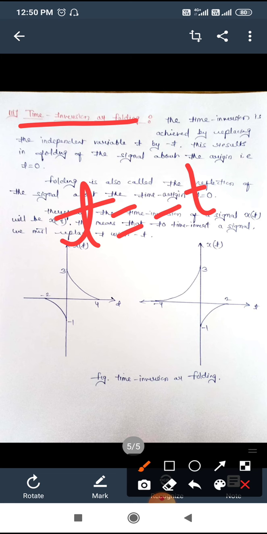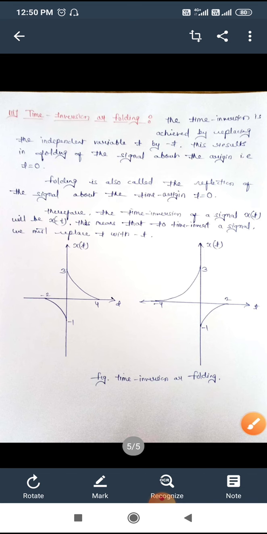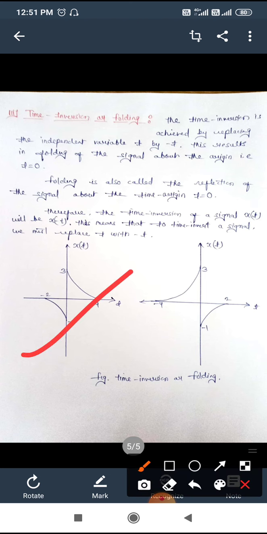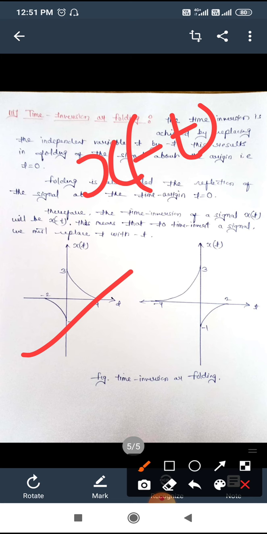Obviously the positive value is converted into a negative value and the negative value is converted into a positive value in case of time inversion or folding. This results in folding of the signal about the origin. This first signal is x(t). In order to make time inversion or folding, we have to make x of minus t. That means t must be replaced by minus t.